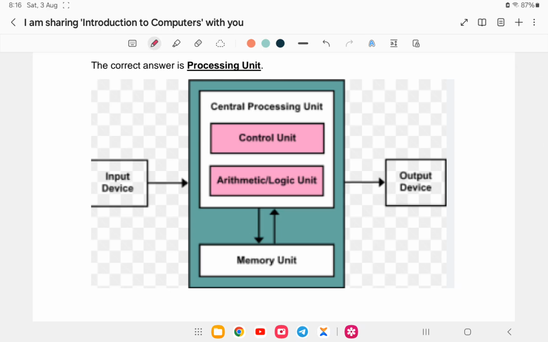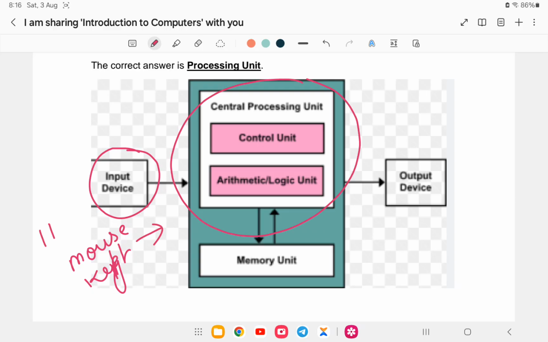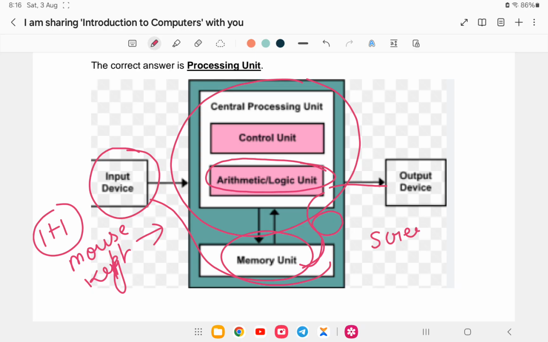In a central processing unit, there are input devices, for example mouse and keyboard. They give data, which is then processed. For example, from the keyboard you enter 1 plus 1 to the central processing unit, which uses the arithmetic logic unit to add, and the data is stored in the memory unit. Lastly the output device, that is the computer screen, presents the data.